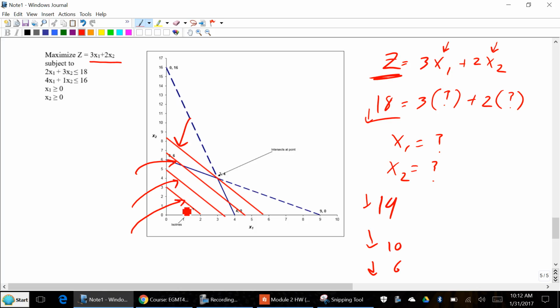So there's an infinite number of these red lines that I can have, but what they represent is the value of the objective function evaluated at any point on these lines. And these are called isolines, okay? ISO meaning same lines, isolines.